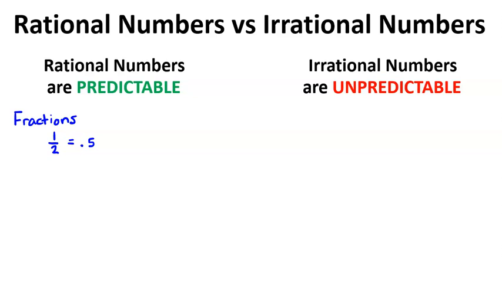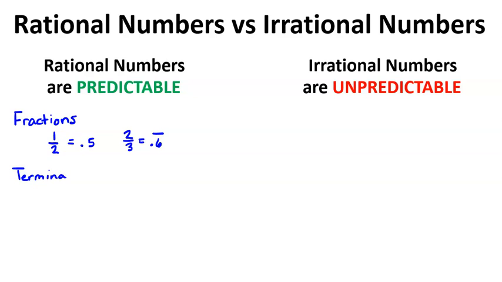If I were to have a fraction like 2/3, I know that that would be 0.6666666 on forever, or I could put the little bar over it. So you'll notice that all of these fractions, when they have an integer on the top and the bottom, as long as the bottom isn't 0, it's going to be a terminating decimal or a repeating decimal.